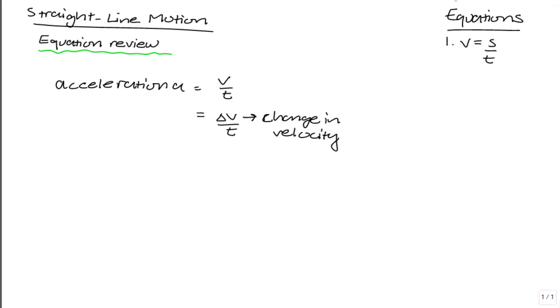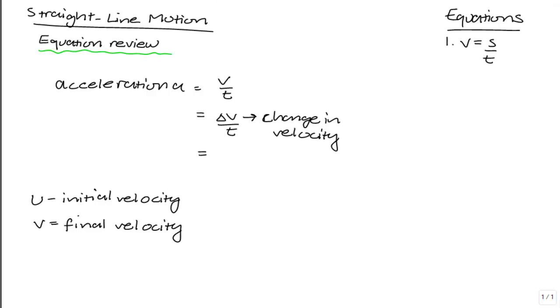Right? So in many cases, and you may see in some textbooks, the symbol u is used to represent initial velocity. Right? This is a new symbol, so please make a note of it. And v is used to represent final velocity of an object or particle.